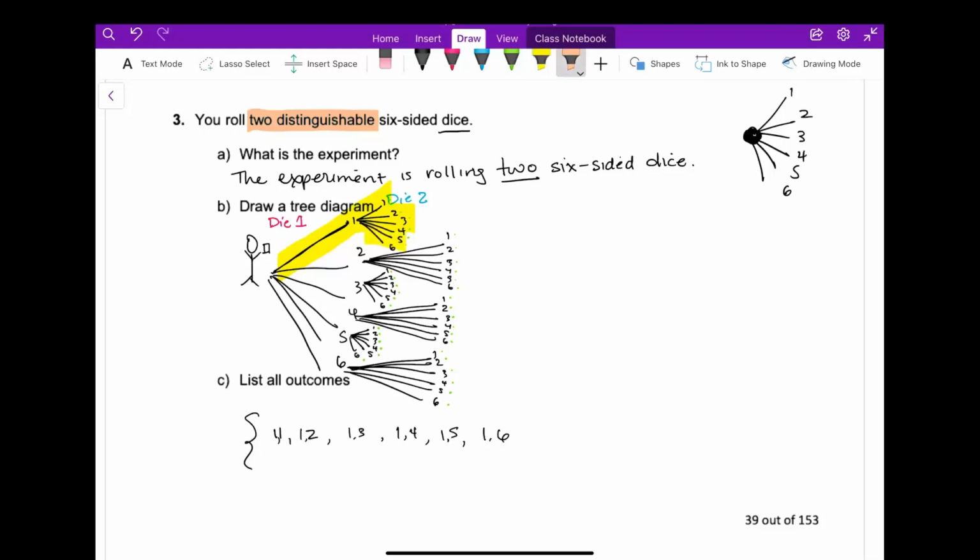Let's move on to my 2. If I tossed a 2 and then had these branches. And as you know, we're going to have quite a long list.